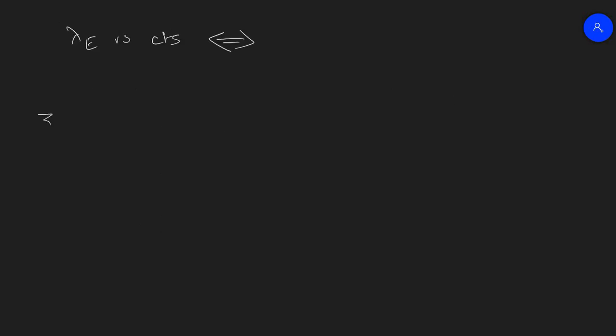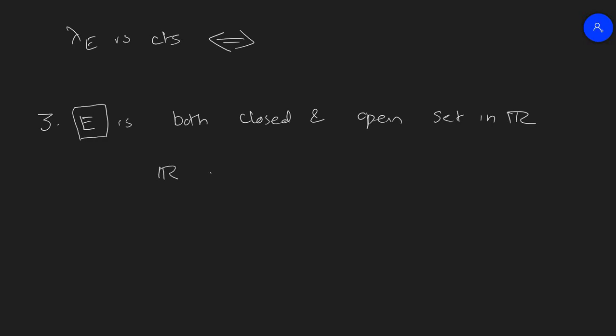Now the third option says E is both closed and open. We know that the only sets in R that are both open and closed are R itself and the empty set. Thus E can either be R or the empty set.